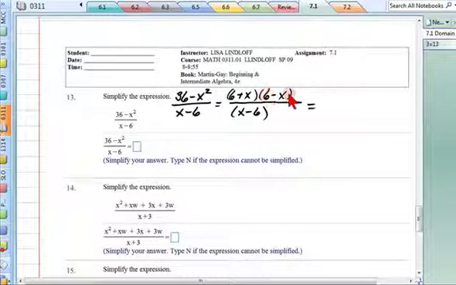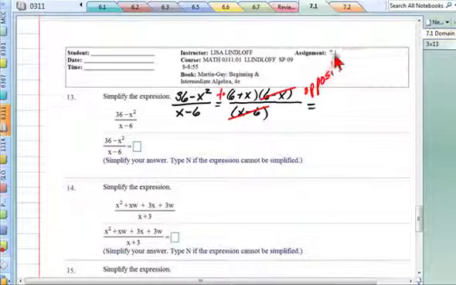You have 6 minus x and x minus 6, and those are not the same. What are they? Opposites. Okay, so I can get rid of those, but what do I have to leave behind? A -1. So just put it somewhere. -1 times whatever's left over. When you mark out things that are identical, you don't even worry about the ones that you leave behind. But when you mark out things that are opposites, you have to make sure that you leave a -1 behind as a factor.